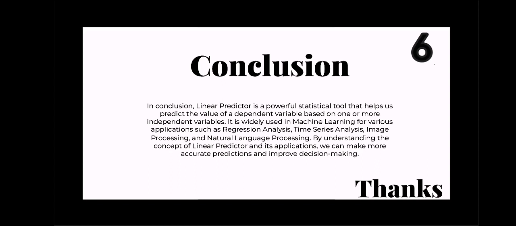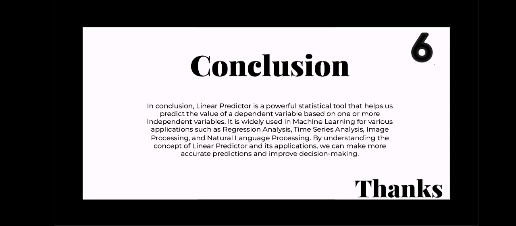So in conclusion, to sum up, linear predictor is a powerful statistical tool that helps us to predict the value of dependent variables based on one or more independent variables. It is widely used in machine learning for various applications such as regression analysis, time series, image processing, and natural language processing.